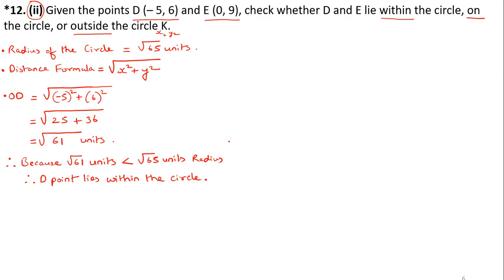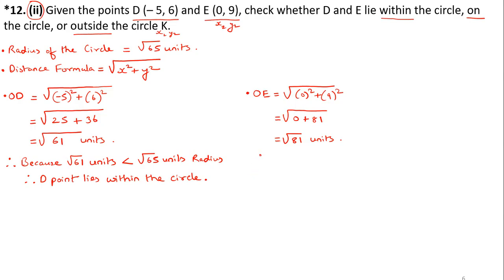Okay, now similarly what we will do, we will find for point OE. Here what we will do, we will take this as x2, y2, and x1, y1 is origin, which is 0, 0. So this is 0 square plus 9 square. So 0 square is 0, 9 9s are 81, is equal to under root 81 units. Under root 81 units.